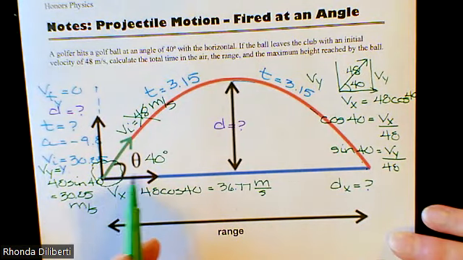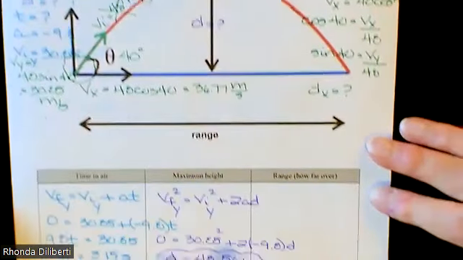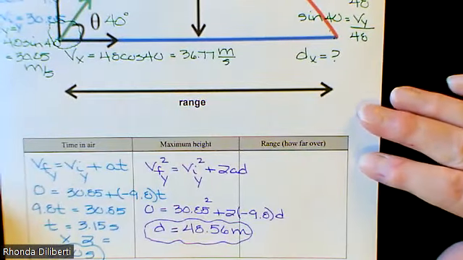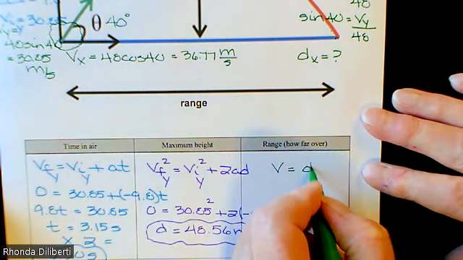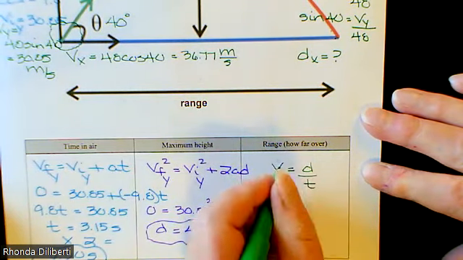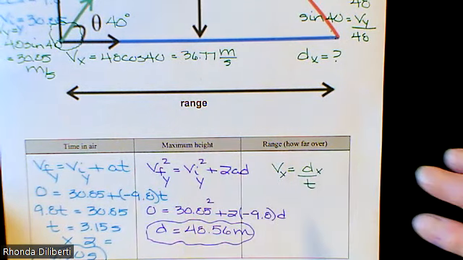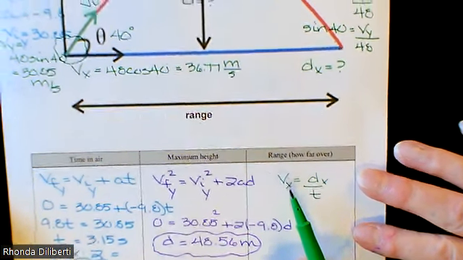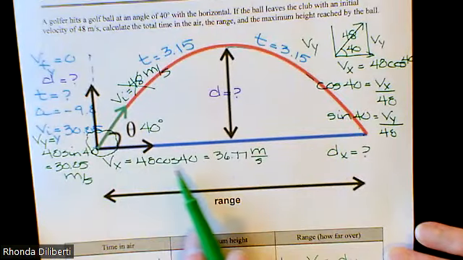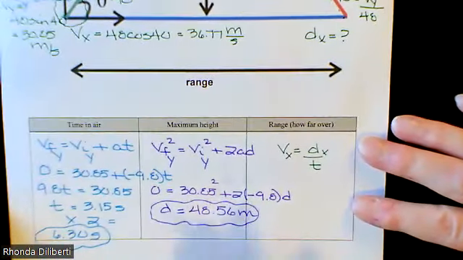So this is again constant velocity in the x direction. So I'm going to write down here the constant velocity equation. So velocity is distance over time. But I'm talking about it in the x direction. So I'll put little x's on there. And so what is the velocity in the x direction? We found that right here, 36.77.